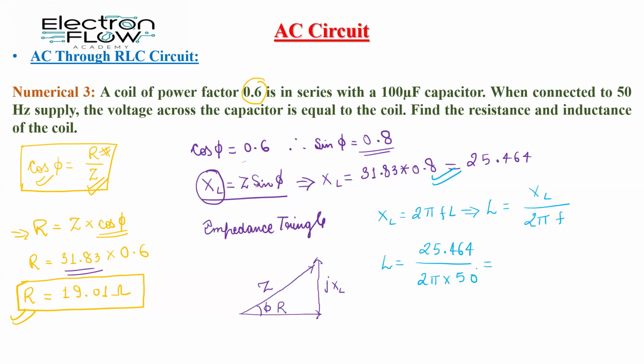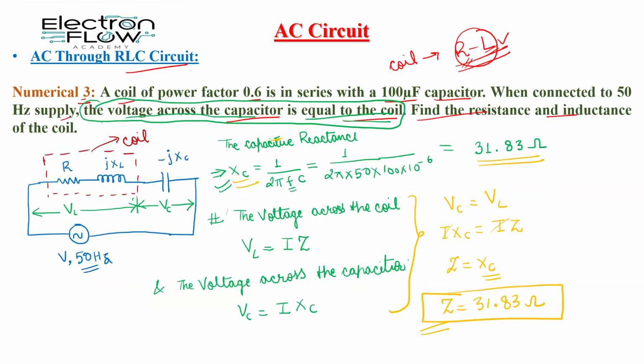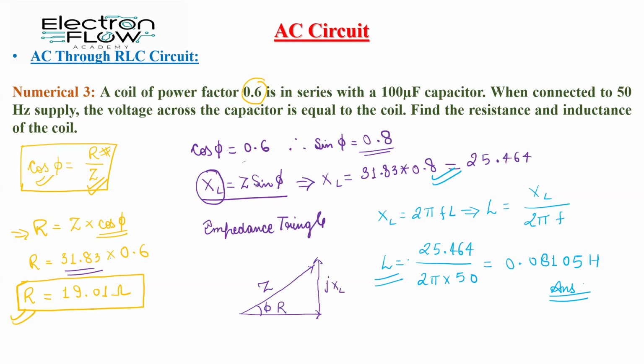After solving this expression, the value of the inductance I get is 0.08105 Henry. So this is our answer. We have calculated the coil's inductance. This is the value of the inductance and this is the coil's resistance, which is 19.01. So this is our first answer and this is our second answer. This is how we have calculated the values.